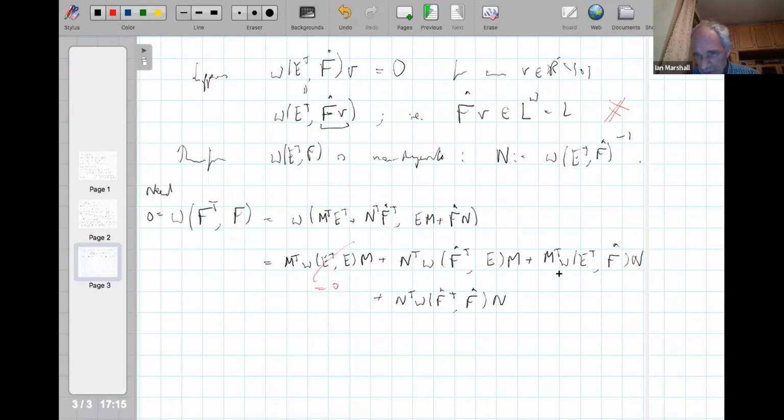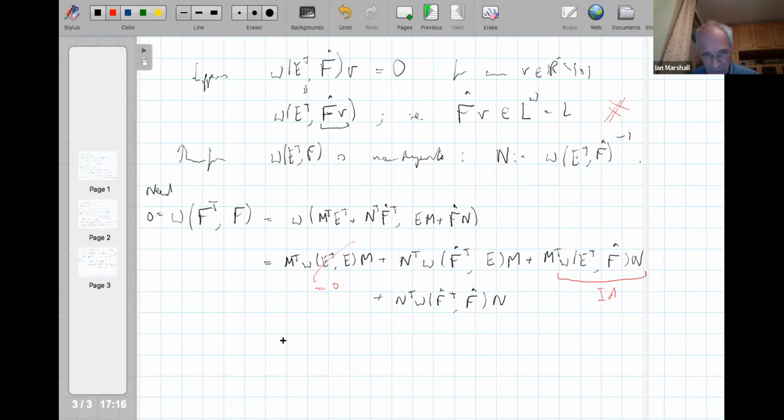Here, this combination is the identity, right? Because we chose N to be the inverse of this. So that's the identity. And then this is just the transpose of that, but there's a minus sign, because this thing here is minus the transpose of this thing which I get in there, which is just minus the identity.